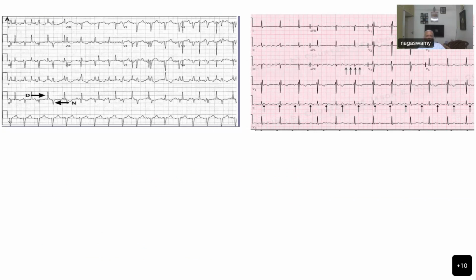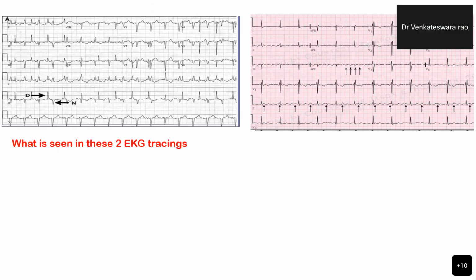Now you are shown two ECG tracings here. Okay. The question is, what is seen in these two EKG tracings? Second one, atrial flutter. Atrial flutter, atrial fibrillation.